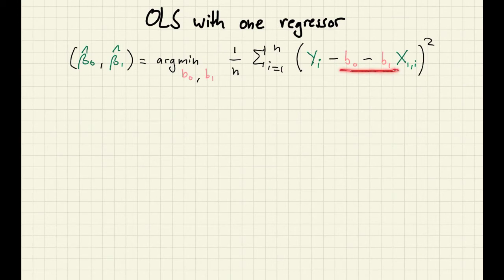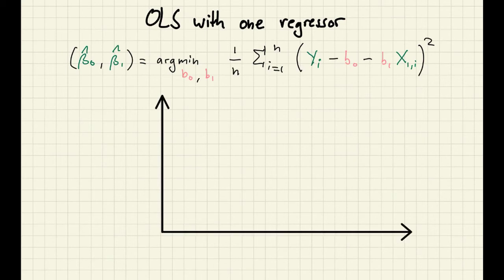And we evaluate this hypothetical regression curve for each observation i at the x that we observe. This gives us this here. And now we look at the difference between that value and the observed outcome. We square this difference and then take the average square. Let's illustrate this mechanism in a graph.